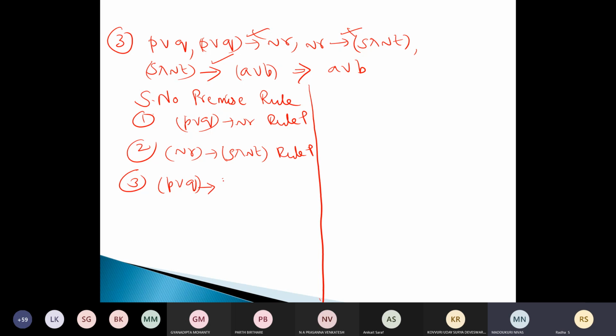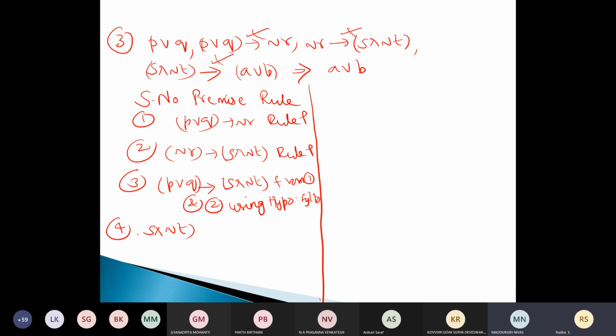That is, P or Q tends to S and not T from 1 and 2 using hypothetical syllogism. Then I'll introduce the fourth one, this one.